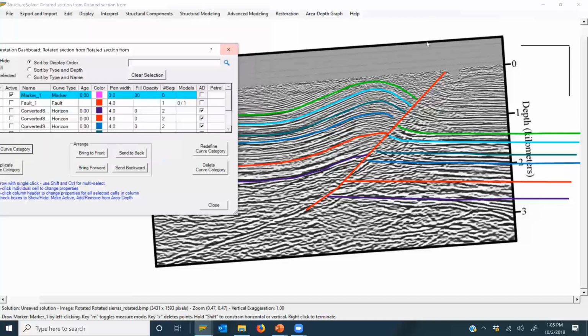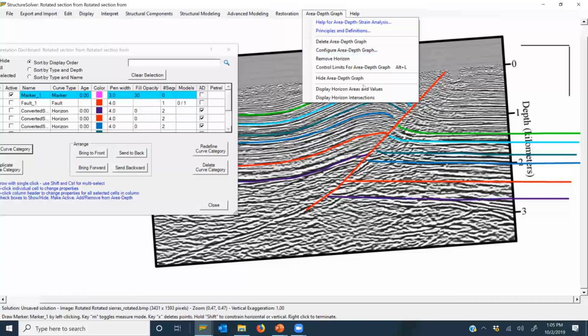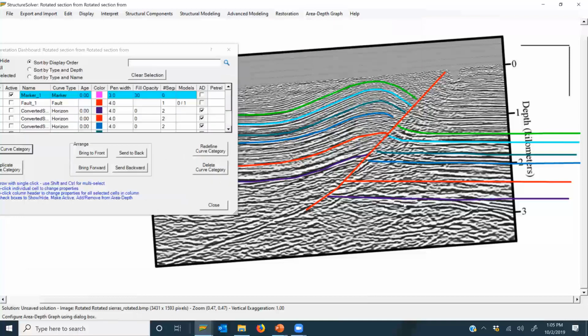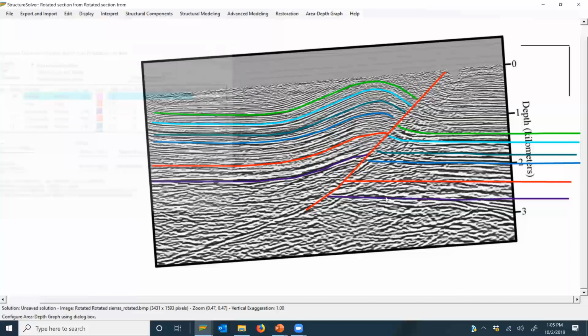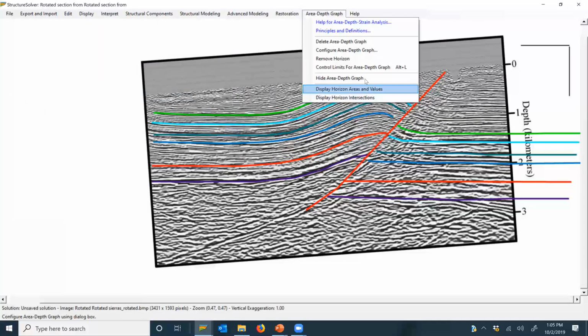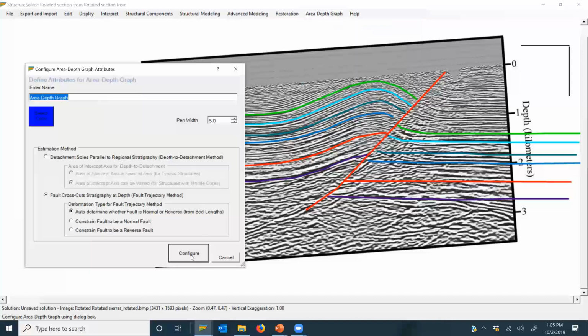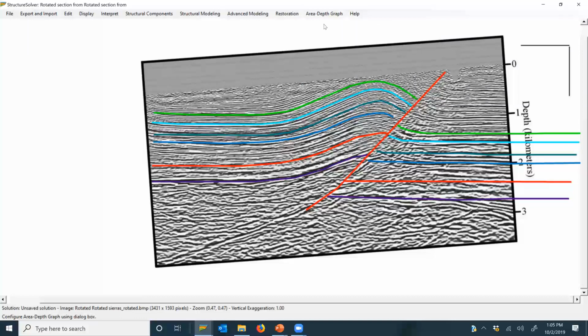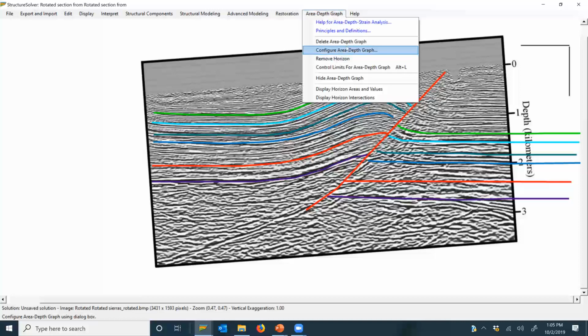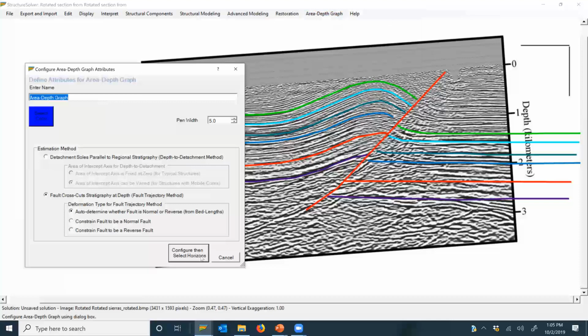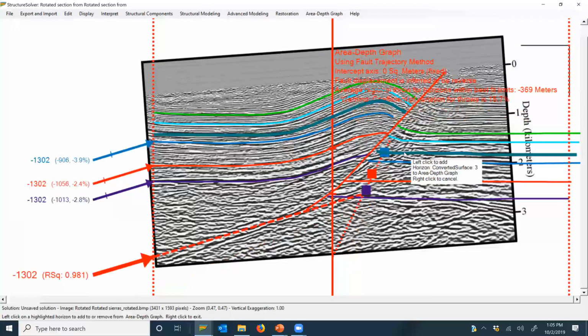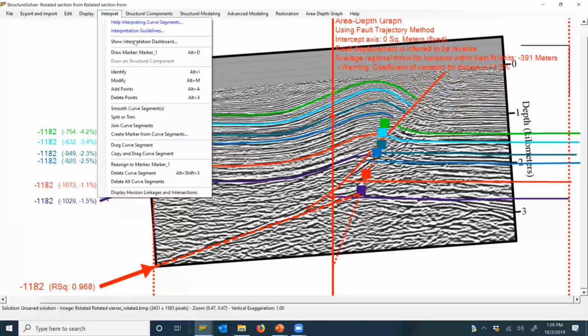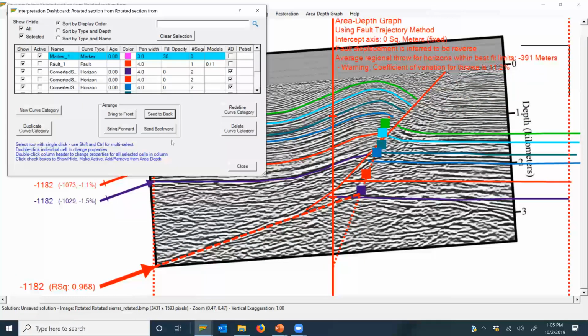We lost our area depth graph. Okay, so we'll set that as active.